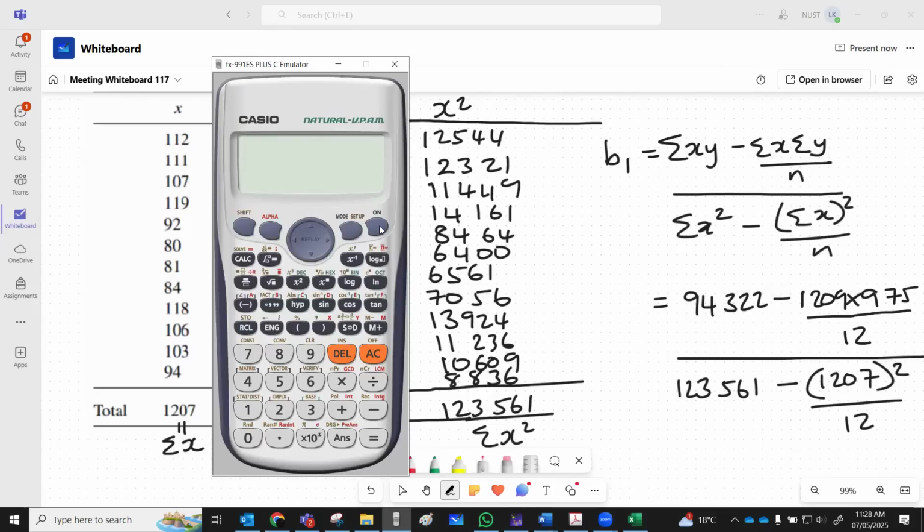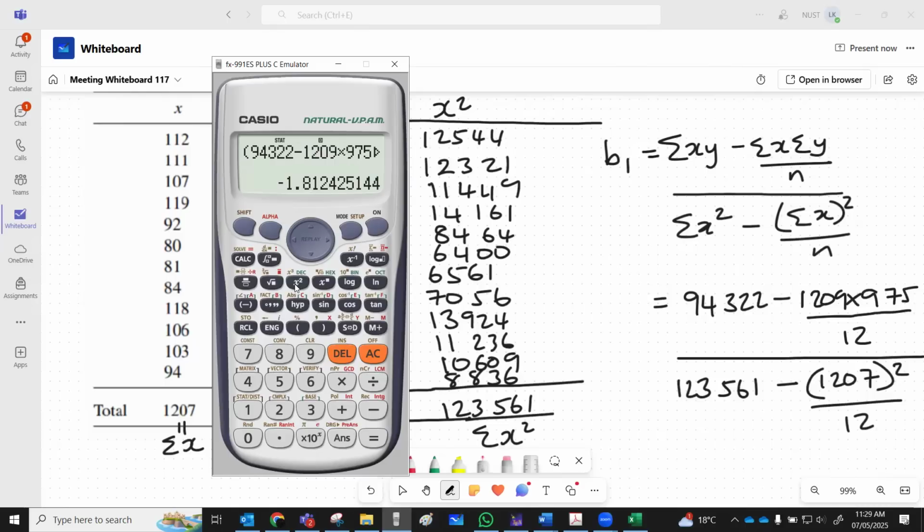So on our calculator, we would have 94323 minus 1209 times 975 divided by 12, and this is all divided by 123561 minus 1207 squared divided by 12.